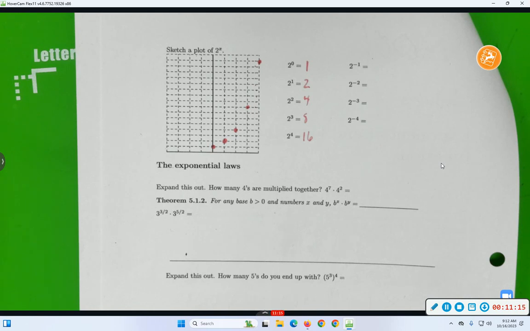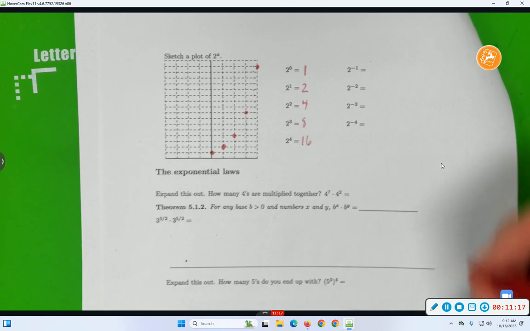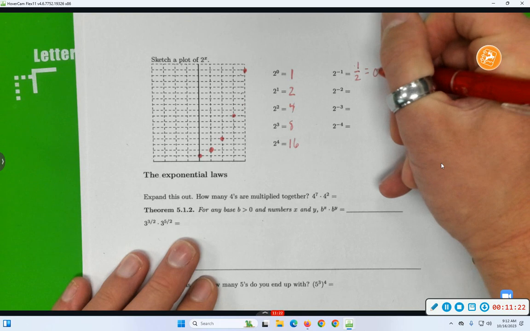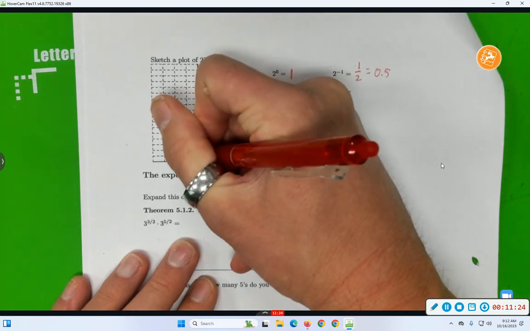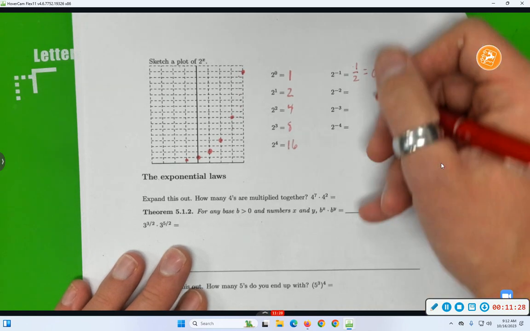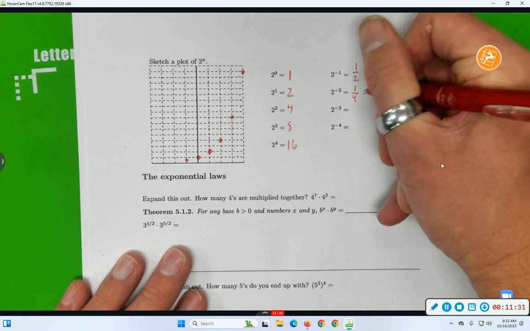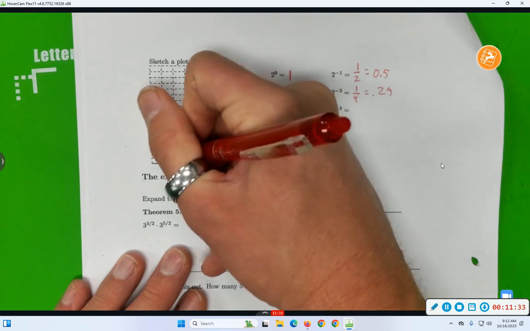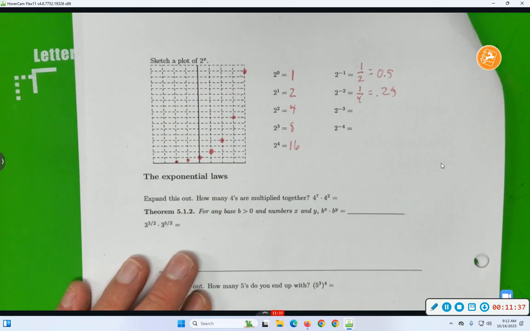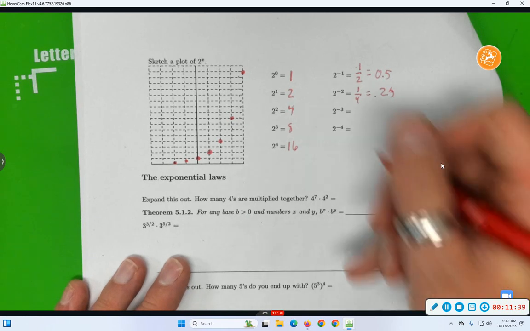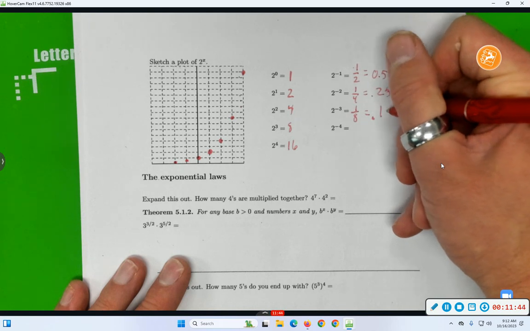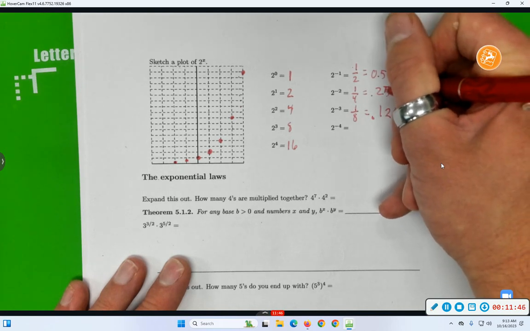Negative power. So what's 2 to the negative 1? 1 over 2, or maybe 0.5 if you like decimals. 2 to the negative 2. That's about a quarter. 2 to the negative 3. 1 over 8. And that's 0.125 if I'm right.